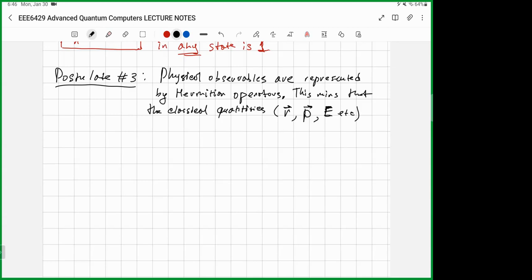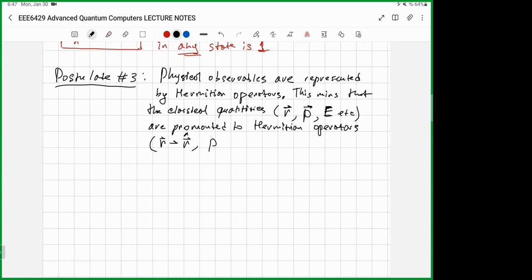So these classical quantities that we measure in a lab are promoted to Hermitian operators. For example, for the classical radius vector, in quantum mechanics, we get the operator R vector.